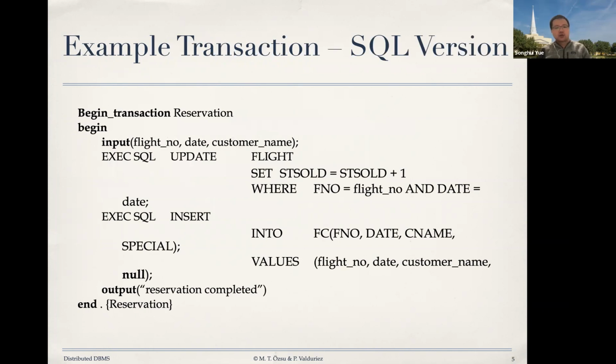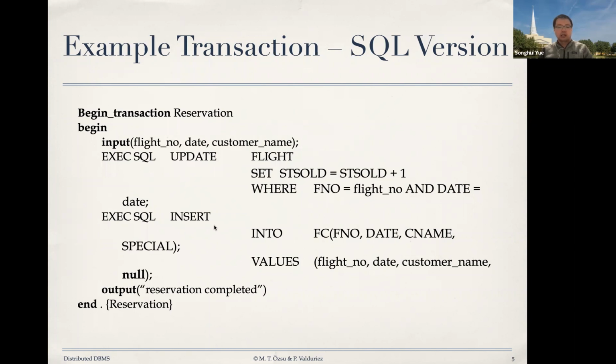This is the example transaction with two steps or two executions of SQL script. The first one is update. This update operation will just update the seat sold to increase by 1.